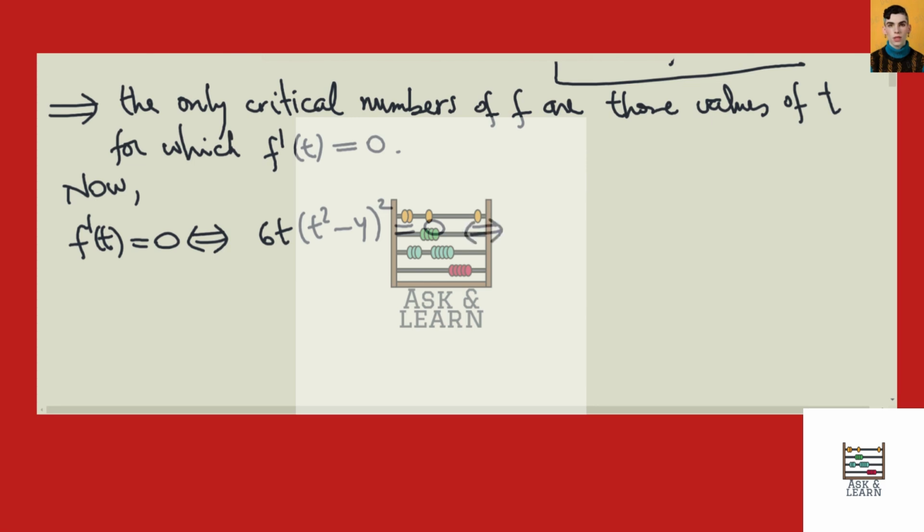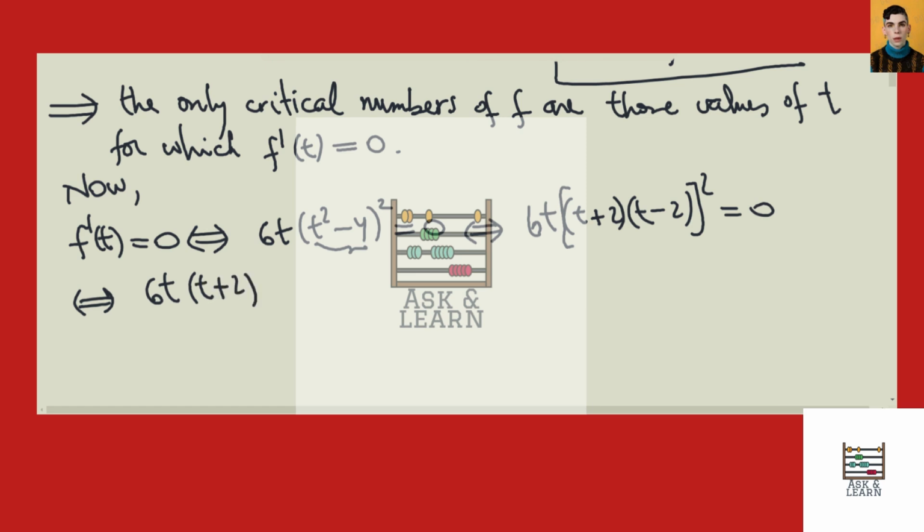And we can factor the base t squared minus 4 as (t plus 2) times (t minus 2), and that is squared, and that is equal to 0. And so this is the same as saying 6t times (t plus 2) squared times (t minus 2) squared equals 0.